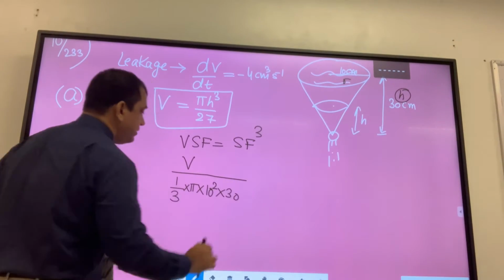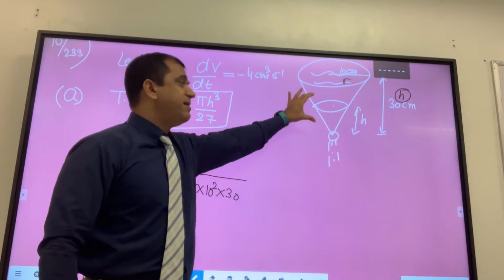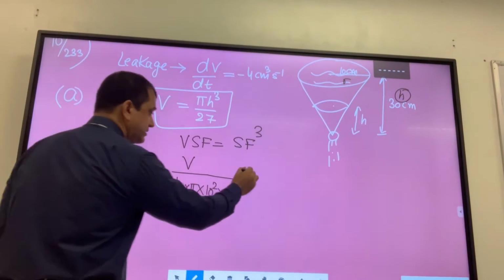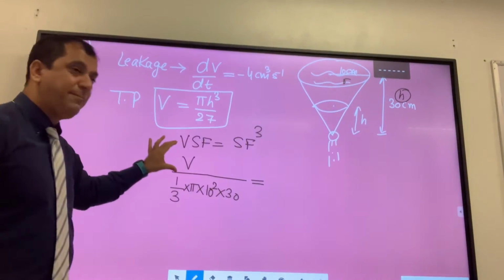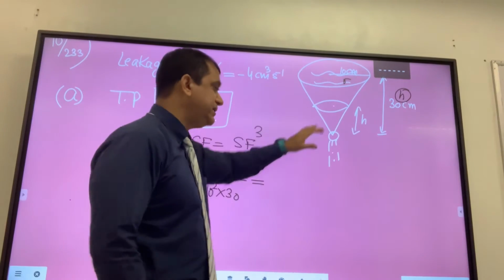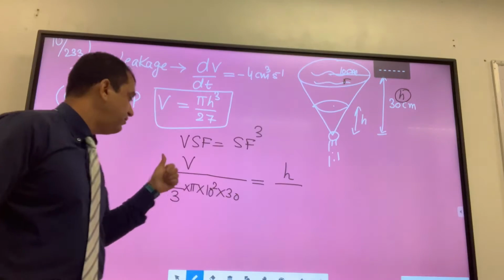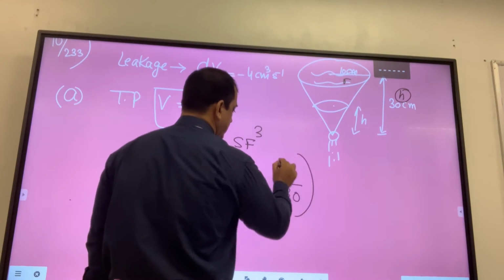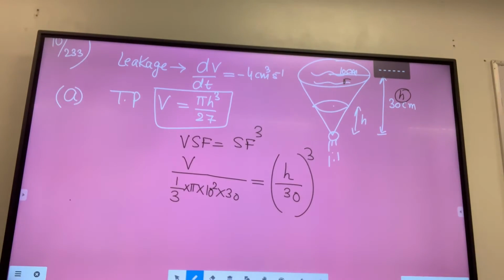So what I'm doing: the volume at level h divided by the initial volume is equal to the scale factor. In the scale factor, I take reduced height h because I took reduced volume up, divided by original height because I took original volume down. Original height was 30. Cube of that. Why cube? Because scale factor cube is volume scale factor.